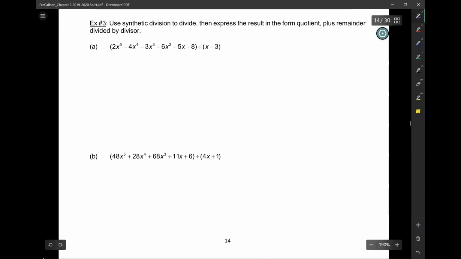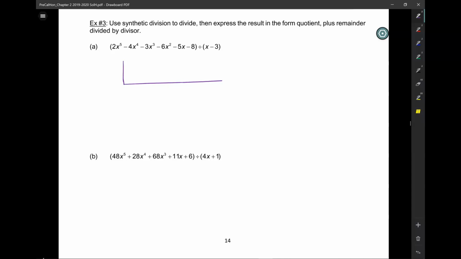Okay, so for synthetic division, we make a chart like this. And the good thing about this is it gets rid of all of the variables. You only deal with the coefficients. So here, this is your dividend. Look at the exponents. You have to make sure that you have all of them represented here from the highest to 0.